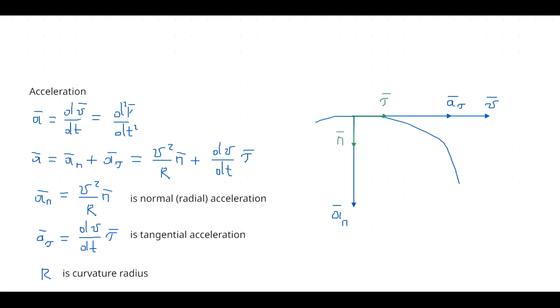And we can also write that absolute value of tau is equal to absolute value of n, and this is equal to 1.